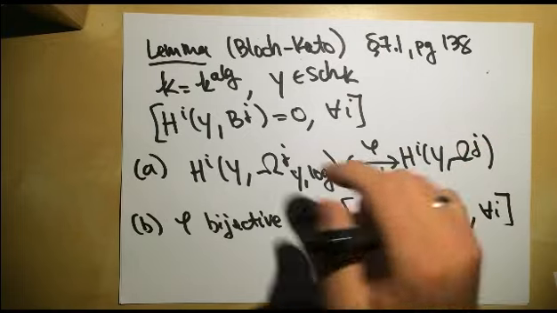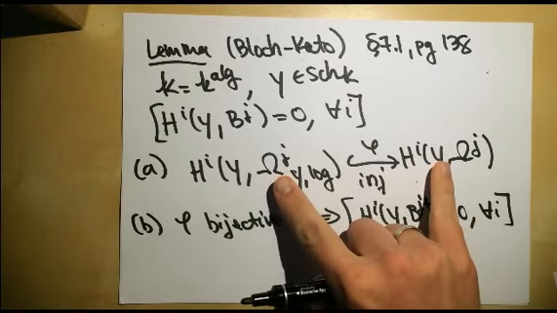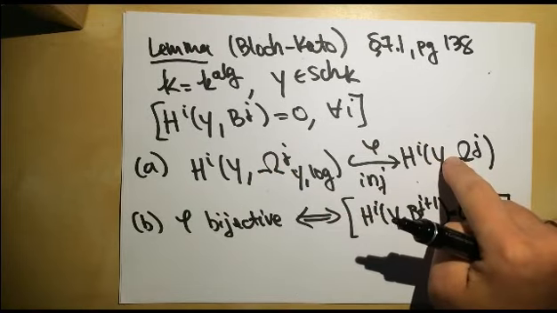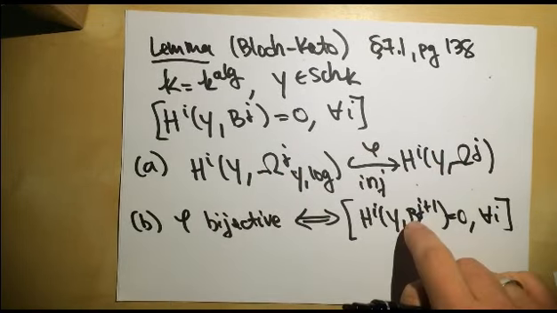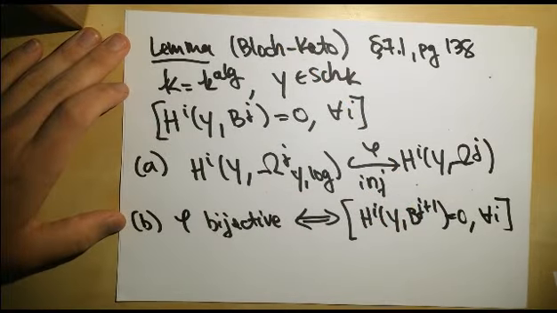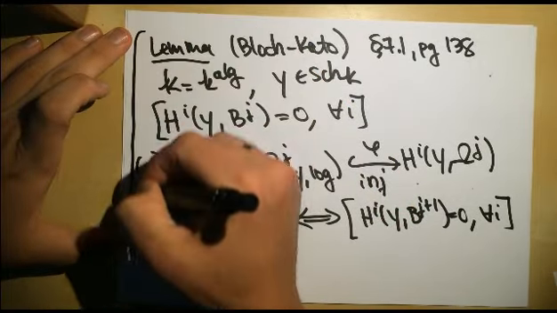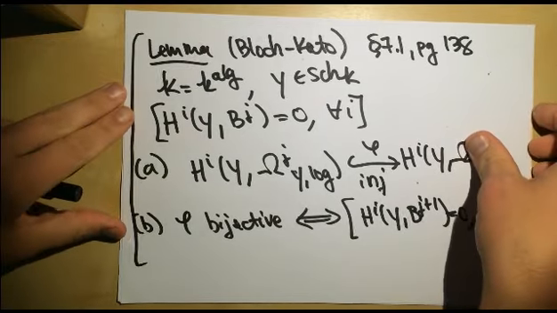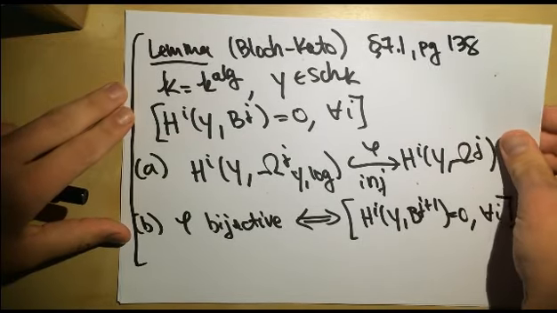Well then after counting, maybe we'll count that these have the same dimension, then that'll show that this is bijective. Once we have it's bijective, then we get this next step, and that's how the proof for the ordinarity will work, and that's how they've cooked it up. So this is kind of key to their induction argument, to show that the ordinarity here is the same thing as ordinarity in the case for abelian varieties.